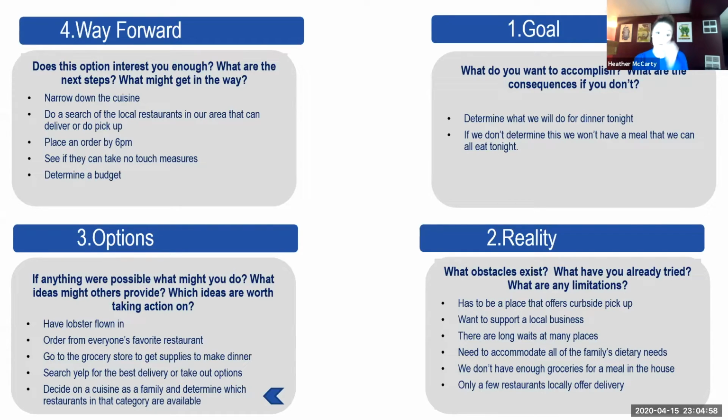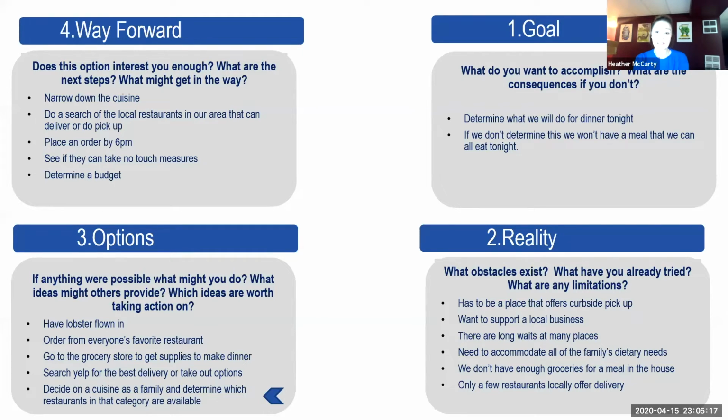One of the things that we know is that we're going to have to do this by 6 p.m. So that allows me to have some accountability and to backwards plan from a time that I can hold myself accountable to taking these steps. Another thing that I'm going to need to do is see if they take any no-touch measures.